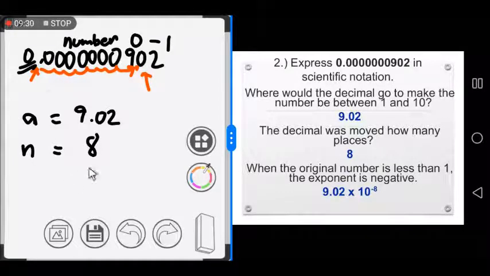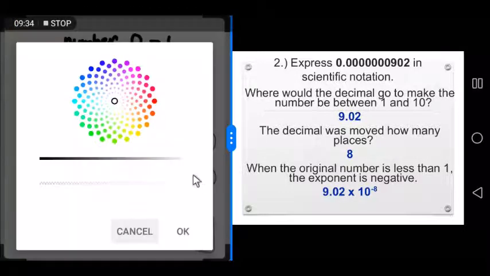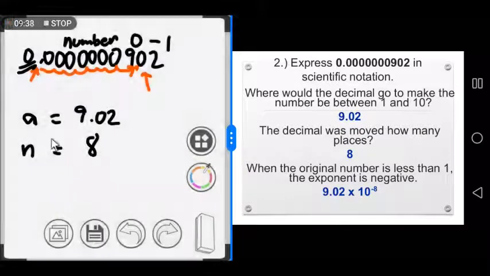Okay, so our exponent will become negative. Kaya po, ang magiging final answer natin dito, kagaya na nasa slide na banggit. So, a times 10 raised to the nth power, it's 9.02 times 10 to the negative 8th power.